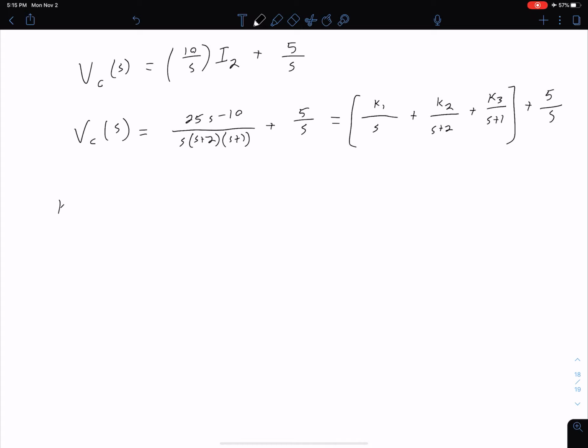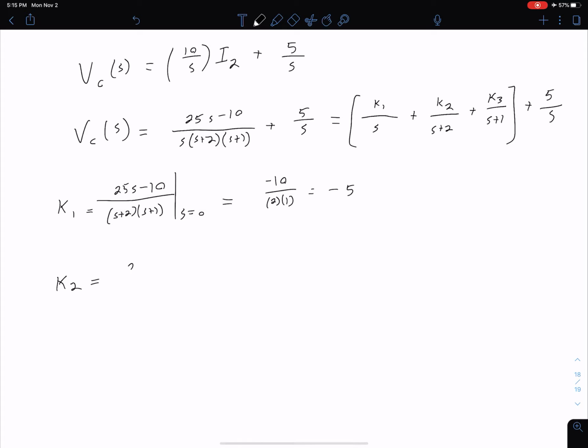So we can say K1 is going to be equal to 25s minus 10 divided by (s plus 2) times (s plus 1) evaluated at s equals 0. If we plug s equals 0 in, we get 25 times 0 minus 10. So we'll have negative 10 over 2 times 1. And we get that K1 is negative 5.